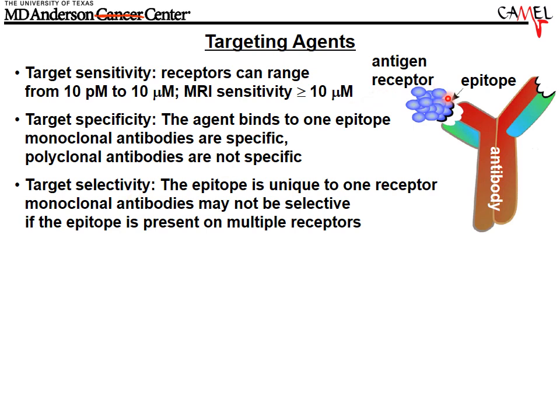So if the epitope is unique only to that receptor, then the antibody is said to have good selectivity for that one and only one receptor. However, if this epitope, this binding motif on the receptor, is also present on other receptors, well, the antibody has good specificity for the epitope, but does not have good selectivity for the receptor because there could be multiple receptors with this epitope. So selectivity deals with the epitope, and those two terms often are confused, and I just wanted to clarify.